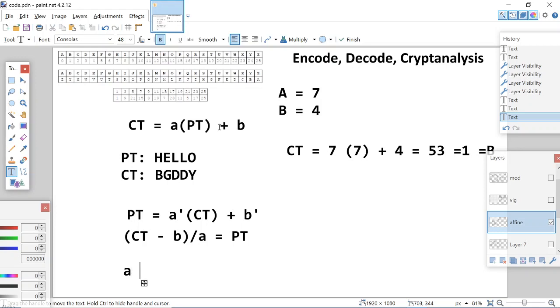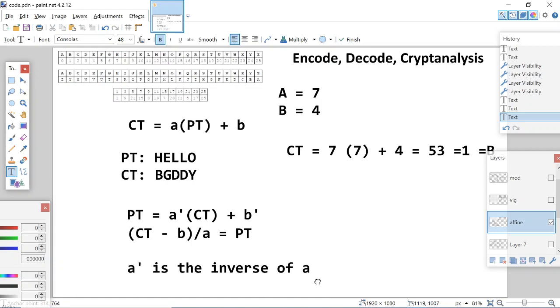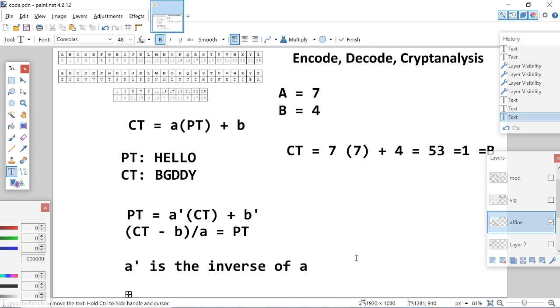So A prime is the inverse of A, and B prime is equal to negative B times A prime. Obviously, mod 26. But yes, so you can always solve for those in this manner.